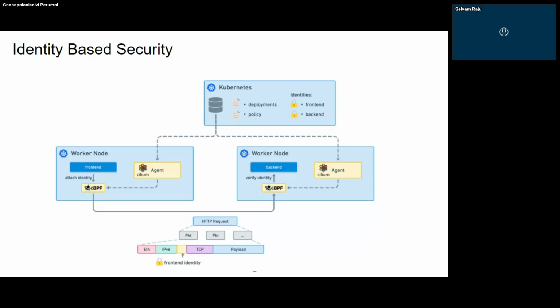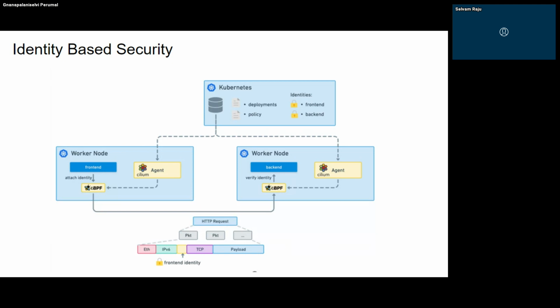So, in order to overcome those challenges, Cilium introduced an identity-based security model that provides context to your services and applications running in Kubernetes, and scales based on the metadata context that you set on your deployments. Basically, here we identify using labels, right?